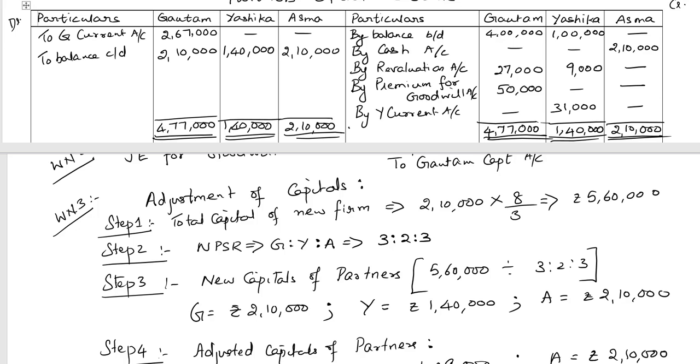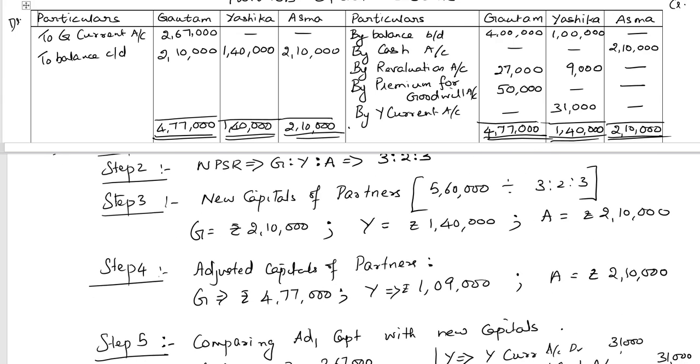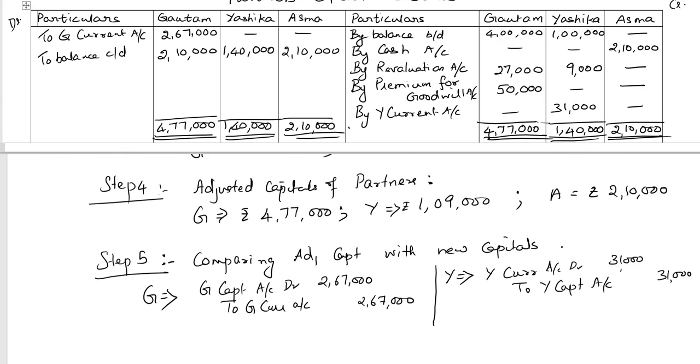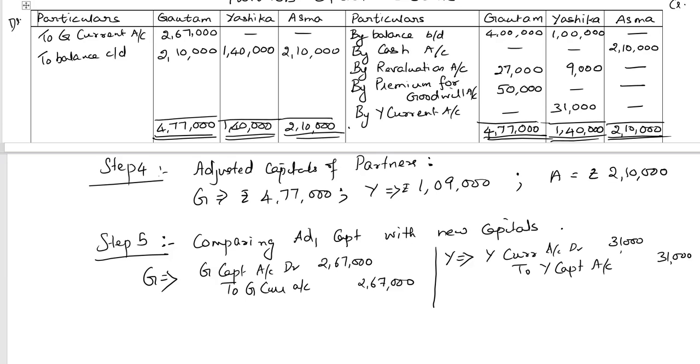Step 3, we got the new capitals of the partners. The fourth step was the adjusted capitals of the partners. And the final fifth step was to compare the adjusted capitals with the new capitals and put the difference in current accounts. Next, let's go and prepare the balance sheet of the firm.